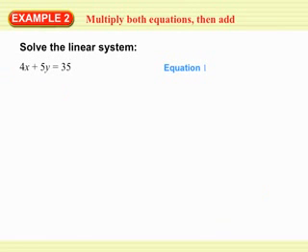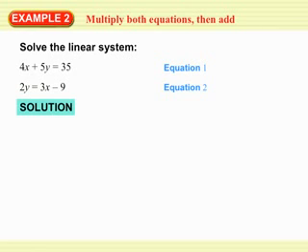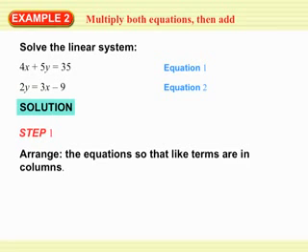Here's another example. I can solve this system of linear equations, 4x plus 5y equals 35, and 2y equals 3x minus 9. This is a case where I probably want to rearrange the terms in one equation or the other so that they line up in columns.